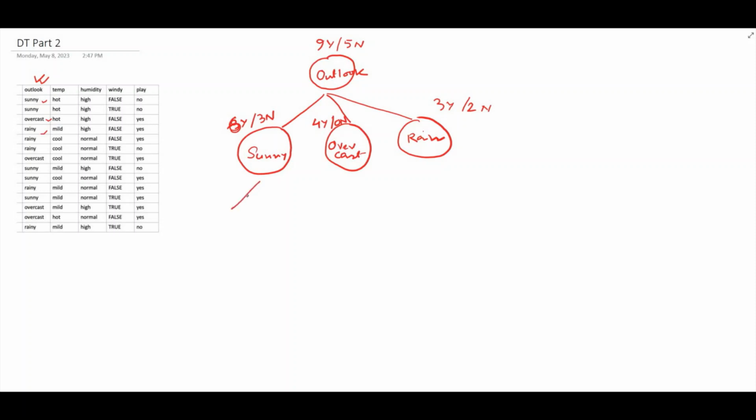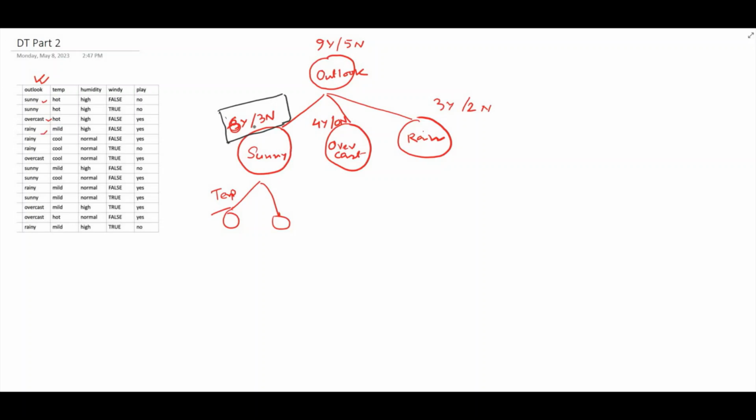Now again we will do the split by temperature, and it will continue like this. The important thing I'm trying to show is which is the impure split and which is the pure split.